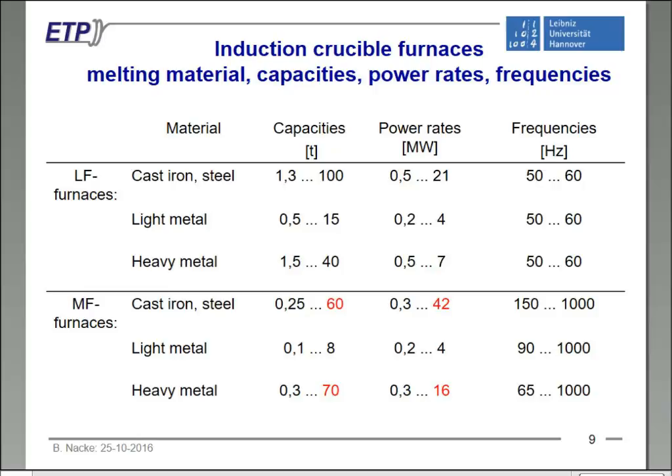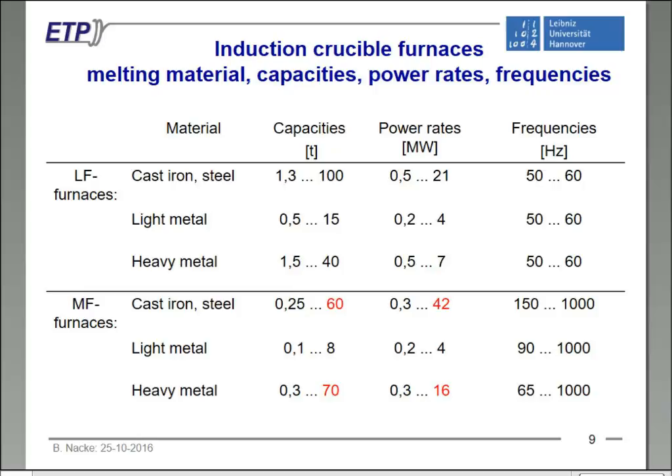The frequencies, of course, were line frequency, either 50 or 60 hertz. For light metals and heavy metals, they were smaller. But looking to the modern medium frequency furnaces, typically, as you see here, used in the range of 150 to 1,000 hertz for cast iron and steel, or a little bit less for the other metals.